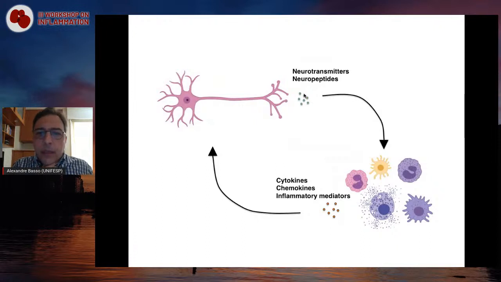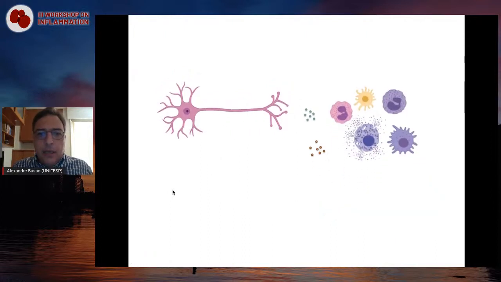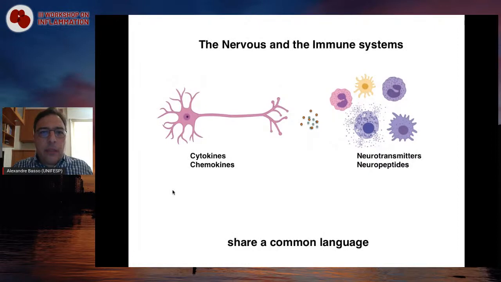So I already mentioned in the beginning of my talk this crosstalk between the nervous and the immune system, but it is actually much more complex than that. The nervous and the immune systems share a common language.